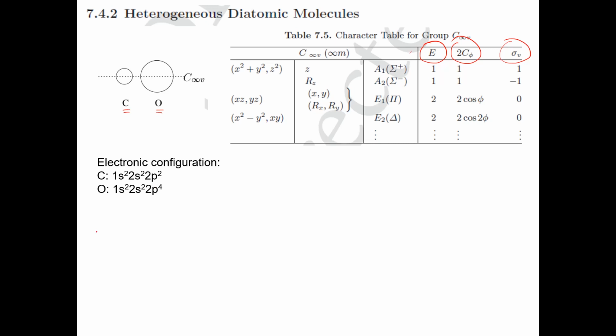Let's ignore for a minute the 1s orbitals because they are much lower in energy. So they are not so important for understanding bonding, for instance. Okay, of course they are important, but let's ignore them for a while.